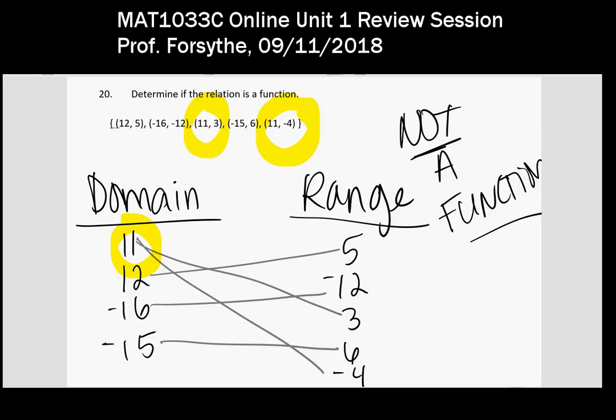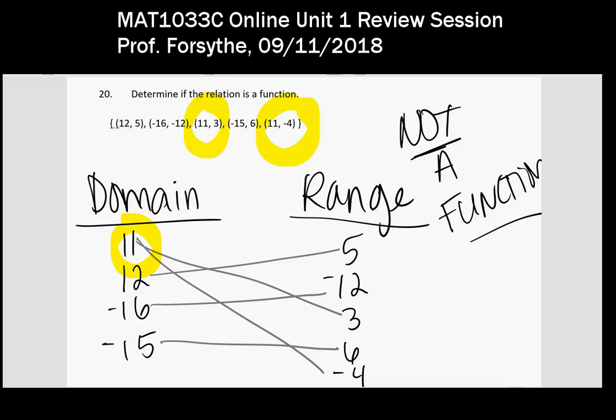Now, different inputs could give you the same output. That's okay. Like, let's say I had another number and it also connected to 6. That would be okay. You just never want an x value to repeat and be connected to a different y value. So the answer here is not a function.